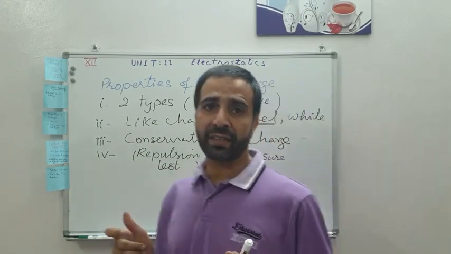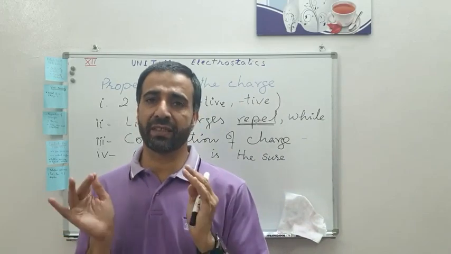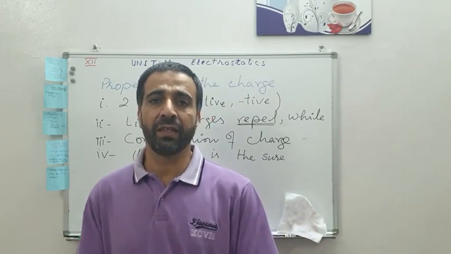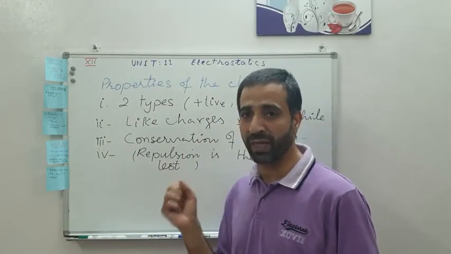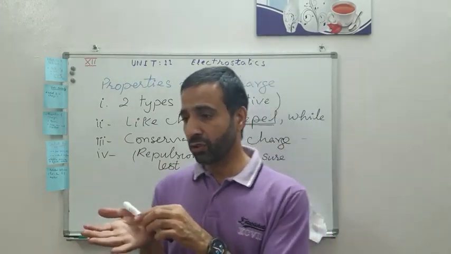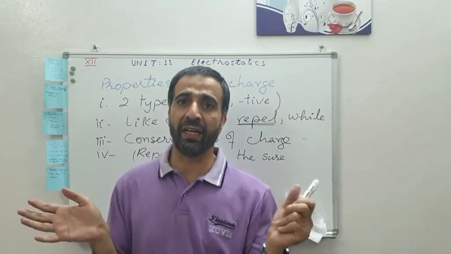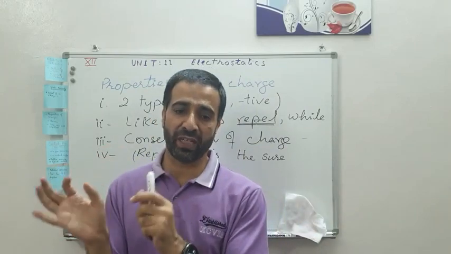You cannot trust attraction to find the charge on a body. The sure test will be repulsion. If you see two bodies repel each other, then it means the bodies have charge on them.